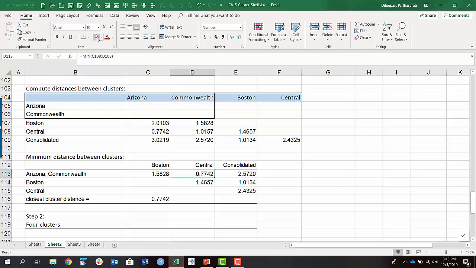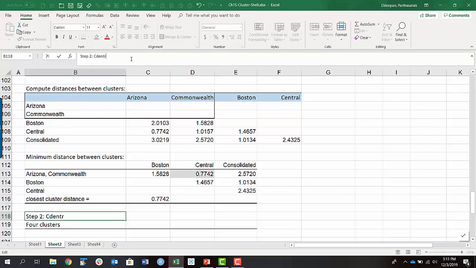So Central is the choice. In step 2, the two closest clusters are Central, which is one cluster, and Arizona and Commonwealth, which is the other. So now you join them.